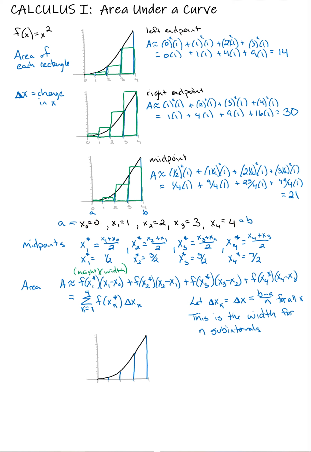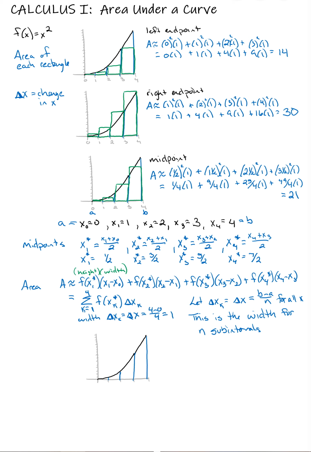So our intervals here in this situation, delta x sub k is going to equal delta x, which is 4 minus 0 divided by 4, or 1. So the width is 1. And again, this is a nice way of determining the width of n subintervals.